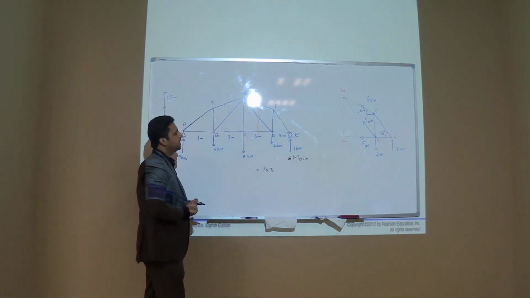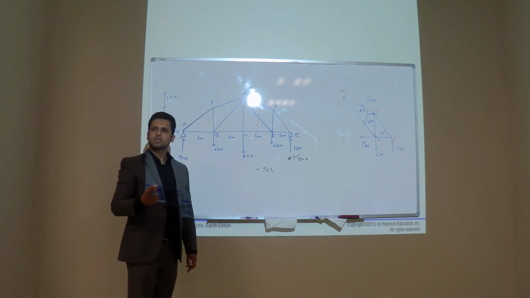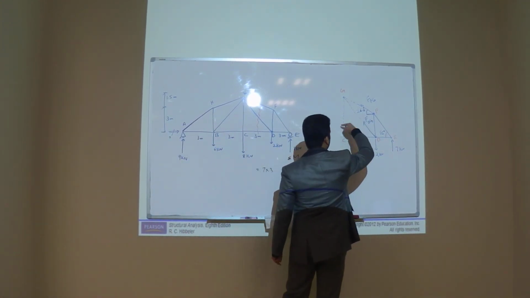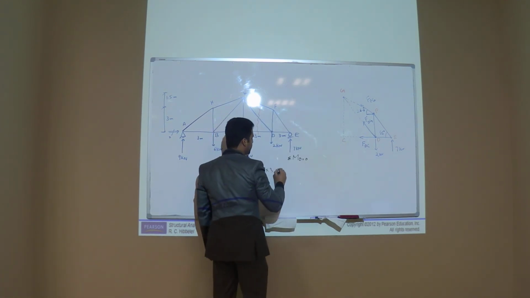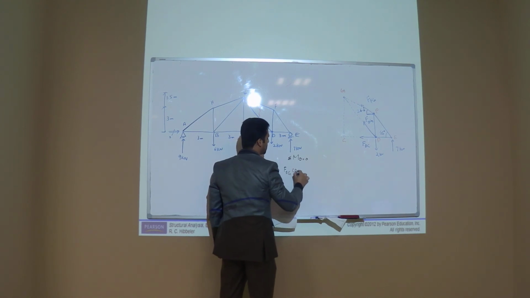And FFG has two components. The vertical component will become zero. The horizontal component will produce a counterclockwise moment, so FG cosine 26.6.